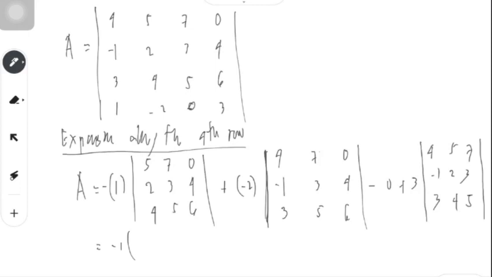Then plus 4 times 4 times 7. Then minus, 0 na yung una, 4 by 5 by 5, minus 4 by 5 by 5. Then minus 6 by 2 by 7.